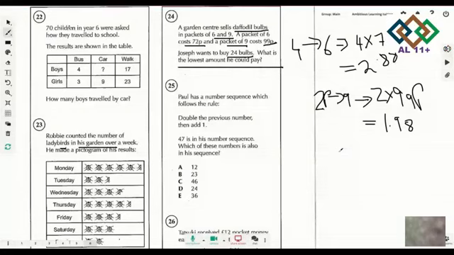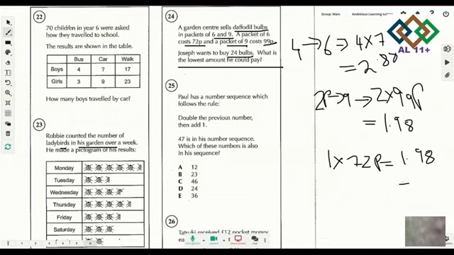And plus 1 pack of 6, which is 1 times 72p.